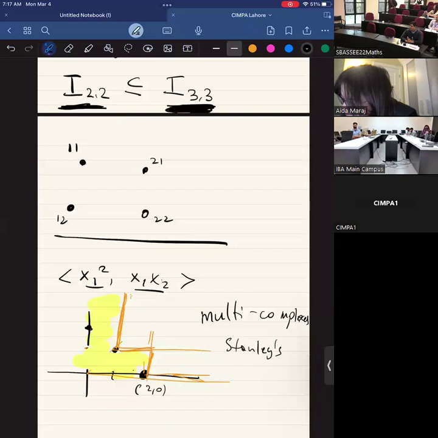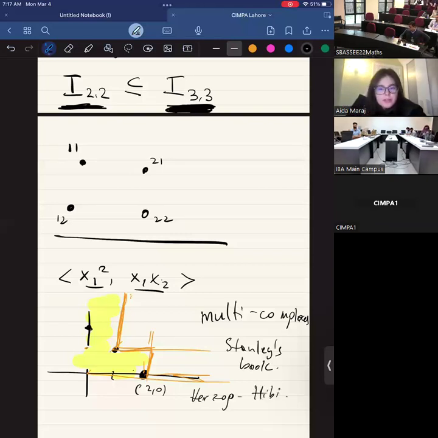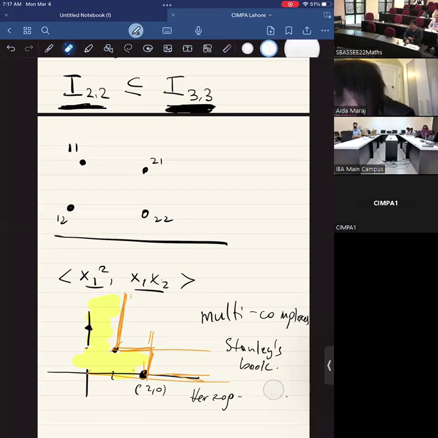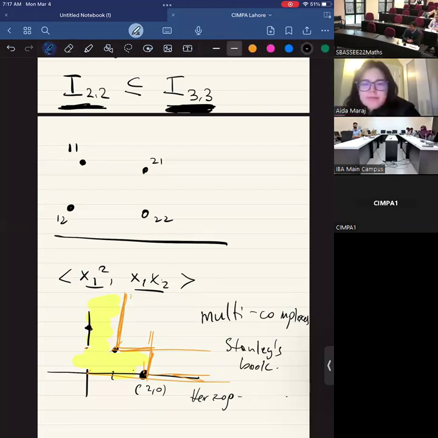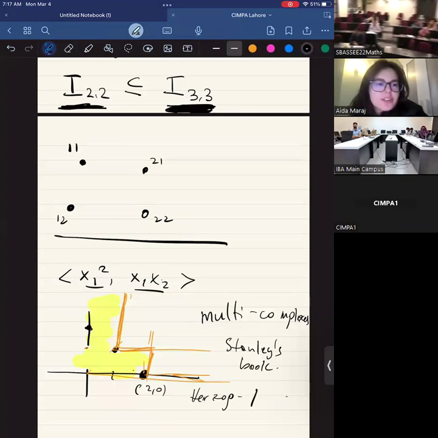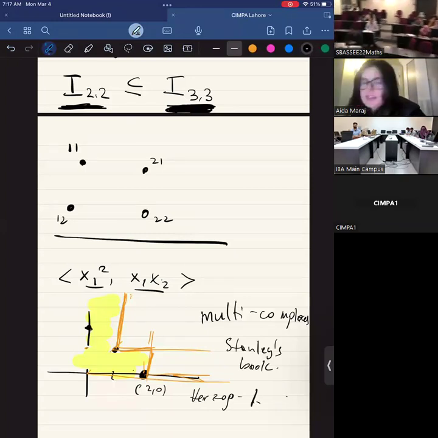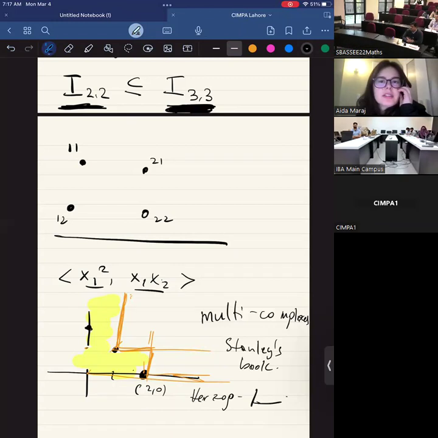And the theory of Stanley-Reisner ideals is extended for a general setting. This is a similar kind of story, but I was just curious because multi-complexes are quite an ignored theory. Herzog and Dorin Popescu, not Hibi, I don't remember which one. I think the algebra of multi-complexes is very little studied, but the structure is something like that.